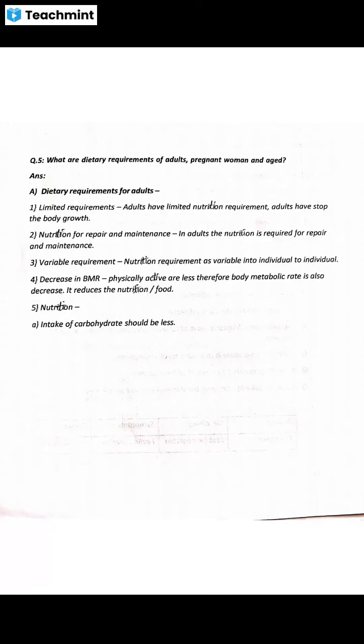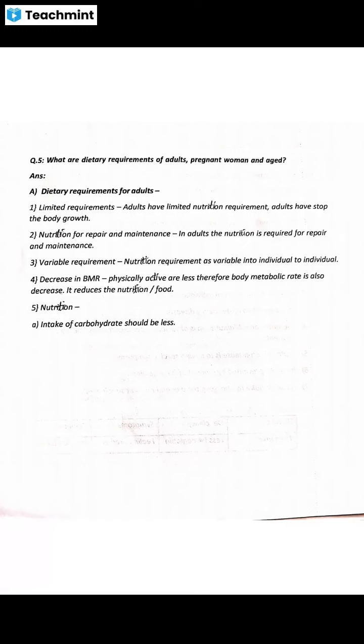In adults, the nutrition is required for repair and maintenance. Okay. So whatever we intake of nutrients in our body means nutrition. What is the requirement of nutrition? Nutrition is required for the repair and maintenance of body system. Okay. Hope you understand what I'm trying to explain to you.